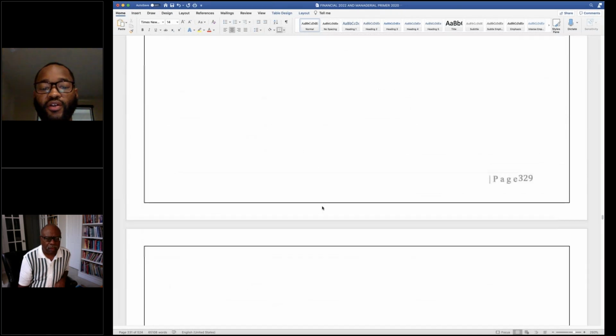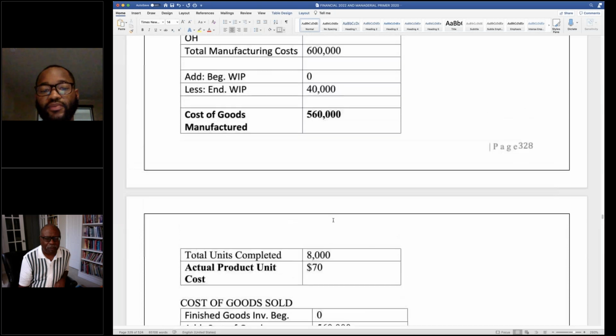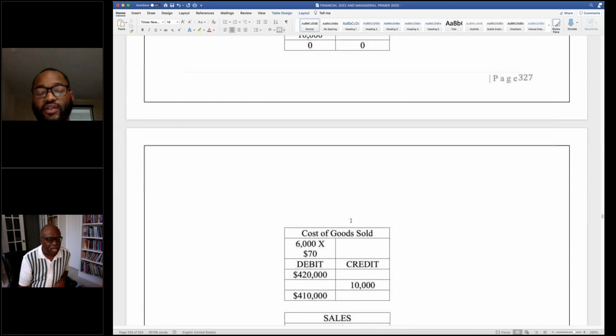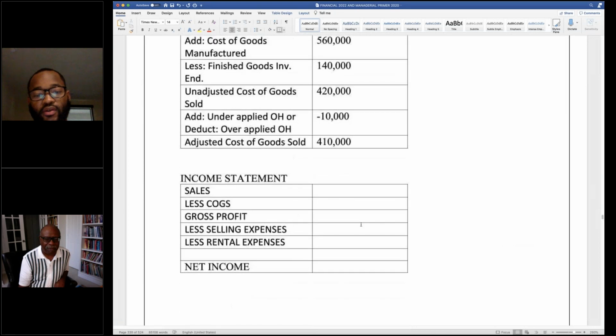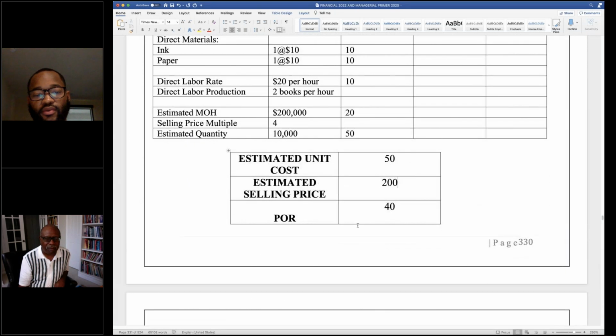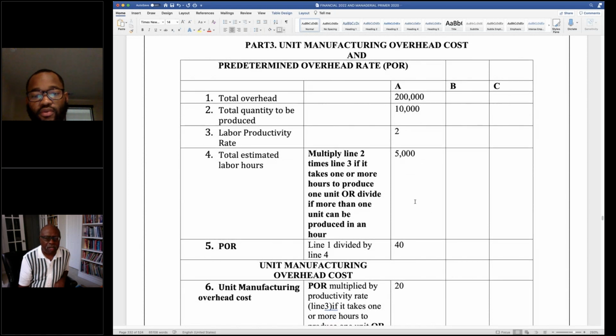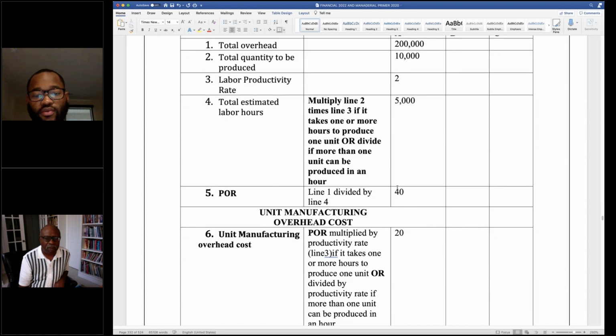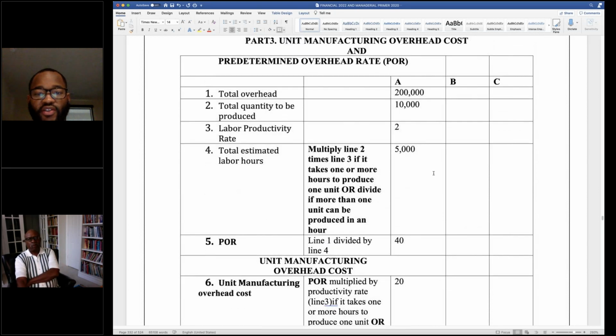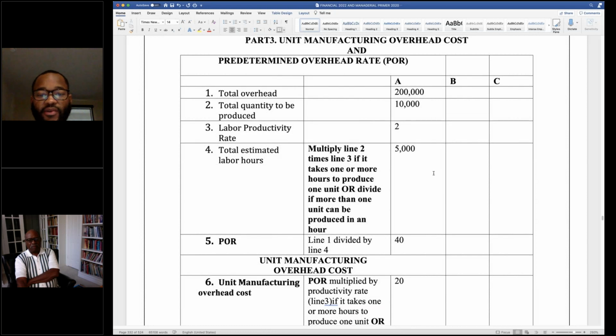So that POR was given to us, right? No, you calculated it using this template. You got 40. It's the total overhead divided by the estimated labor hours. But the estimated labor hours on that other chart was not 5,000. Where'd that 5,000 come from? It changes based on your productivity rate.